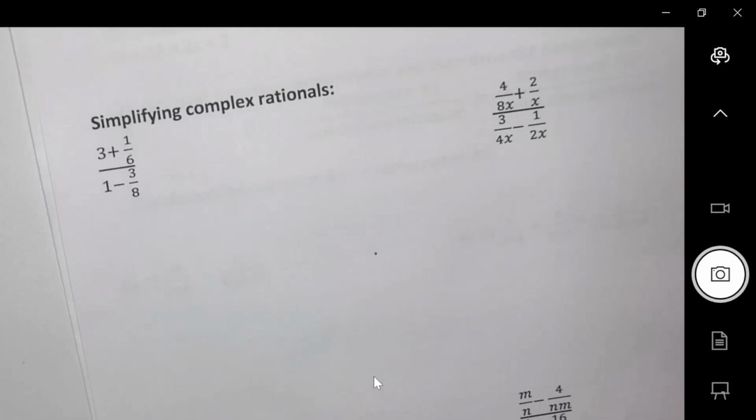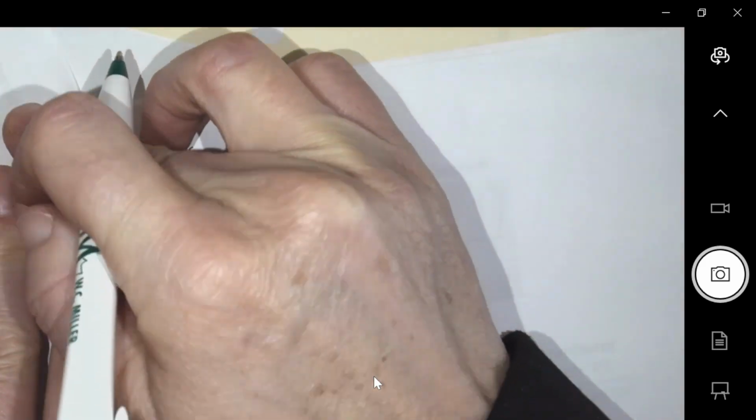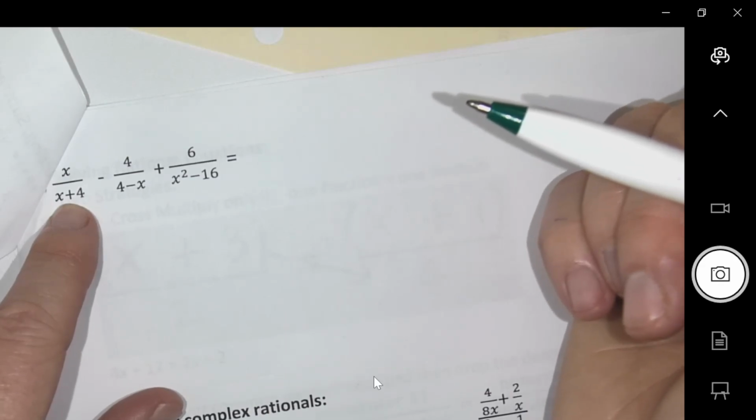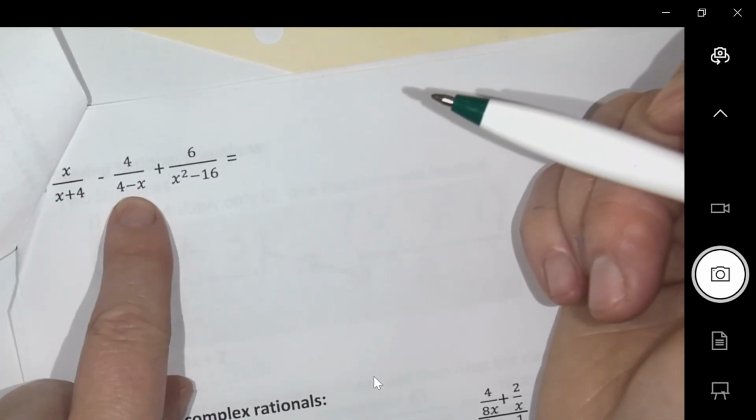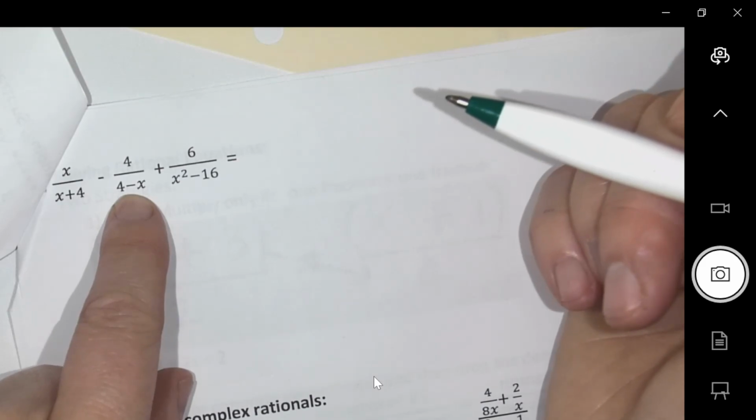Okay, last example. Okay, factorings. X plus 4, good. No factoring needed. 4 subtract x. There's a factoring that is needed.